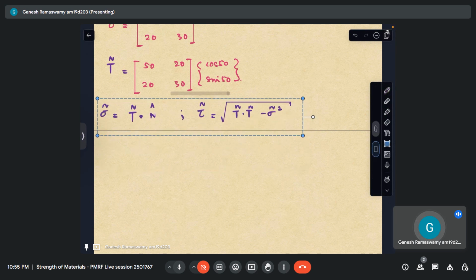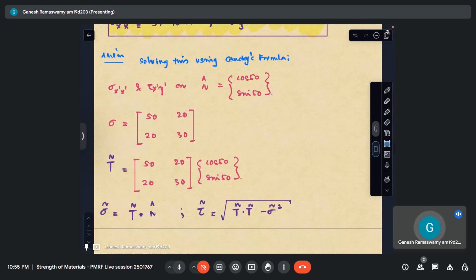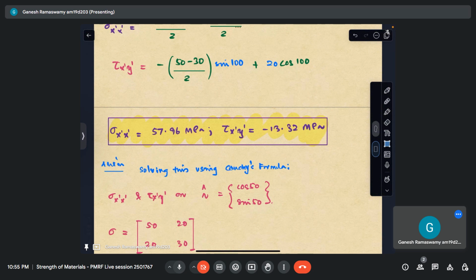So this we have already done for two problems earlier. So why could we not do the same thing? Why did we need to derive the stress transformation equations and go through this circuitous route of finding out sigma x prime and tau x prime y prime?